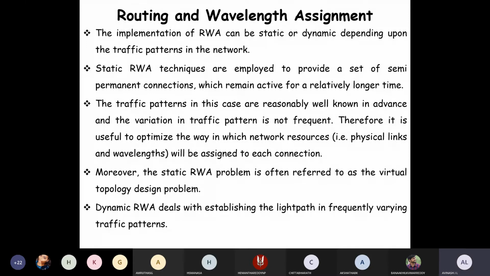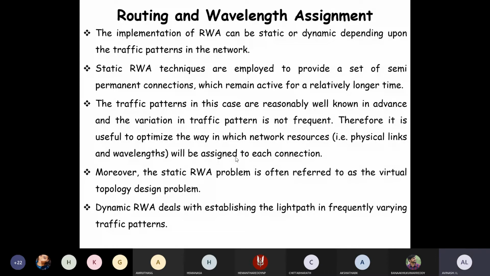The next condition is that the routes are decided in advance and the variation in the traffic pattern is not frequent. Therefore it is useful to optimize the way in which network resources will be assigned.